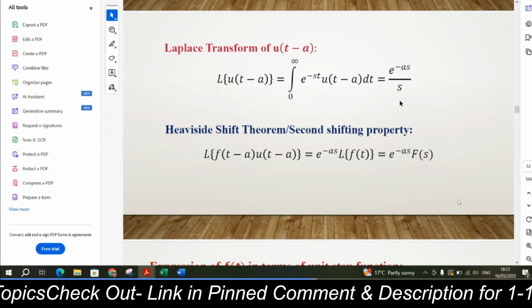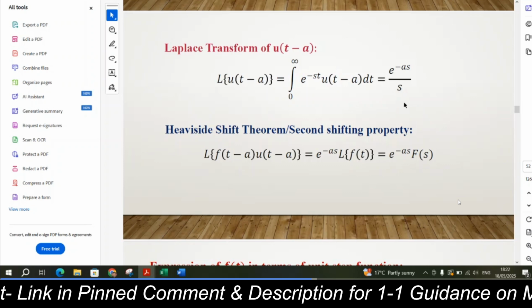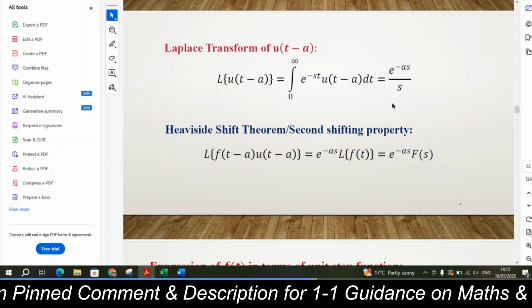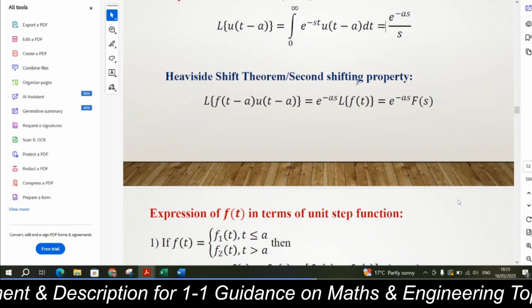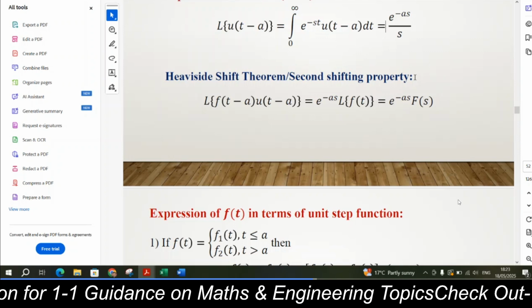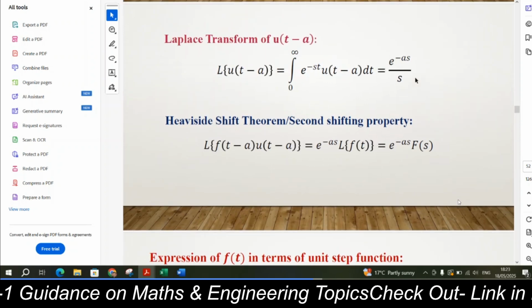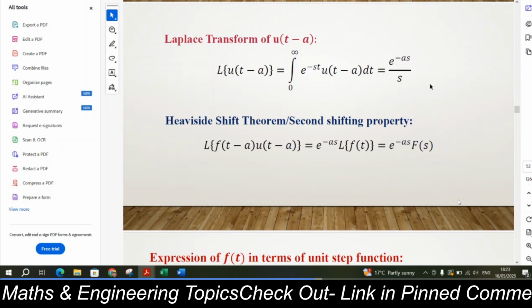Why did it give you the answer? They have given you the answer directly, but the reason behind it is that they have used the second shifting property.